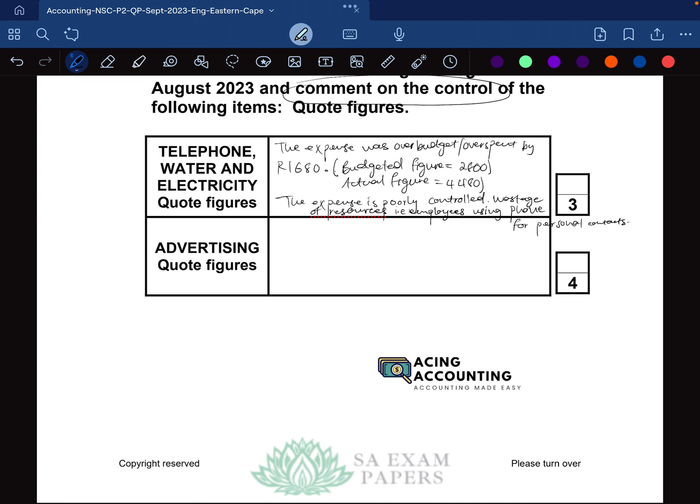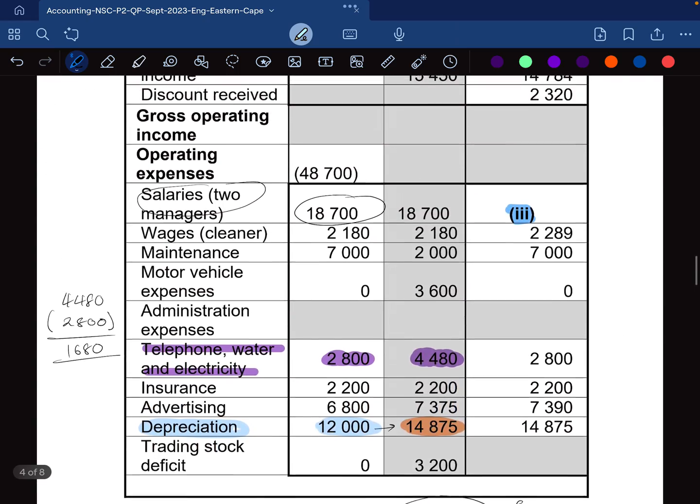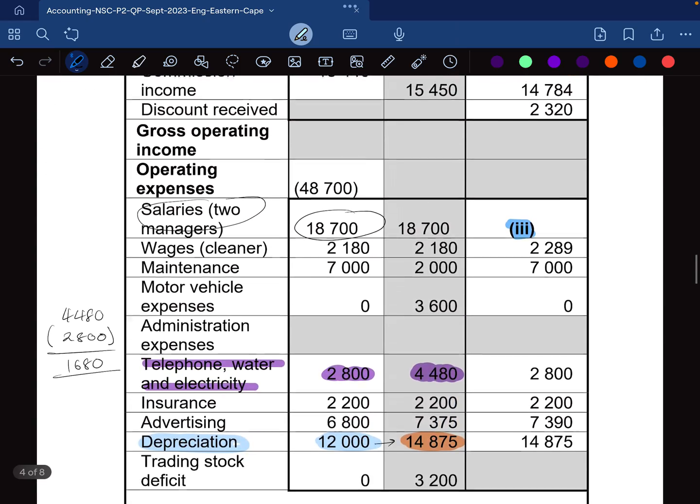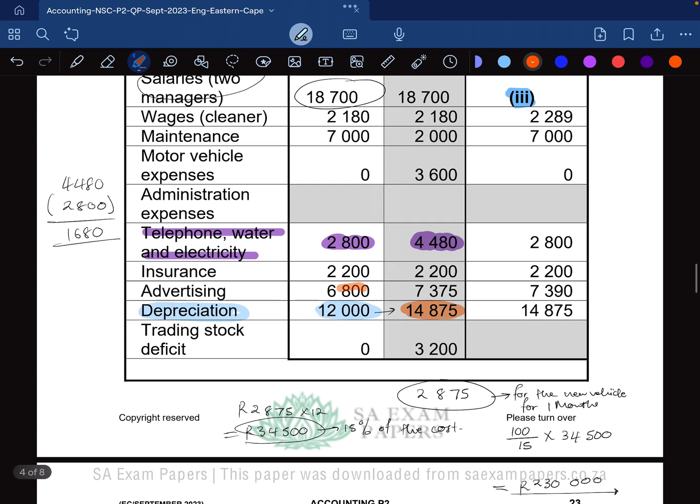Okay, then advertising. We're going quickly to look at the advertising figures for August. So for August, we have advertising at 6,800. Then that is the budgeted. Then the actual is 7,375.